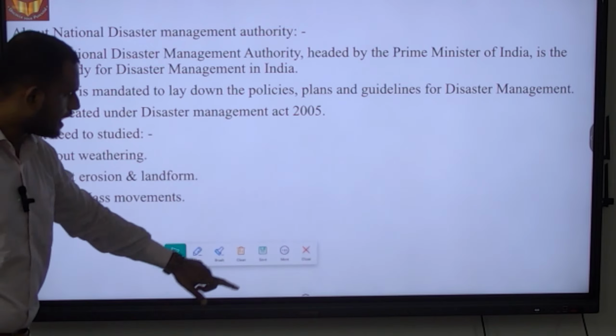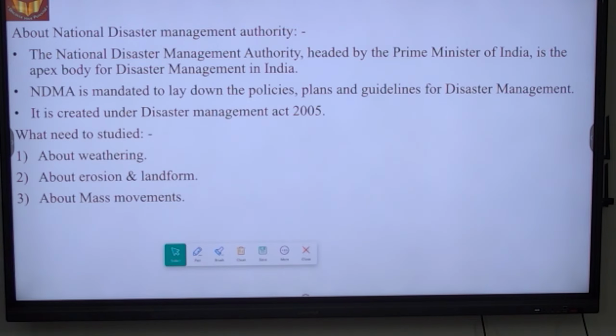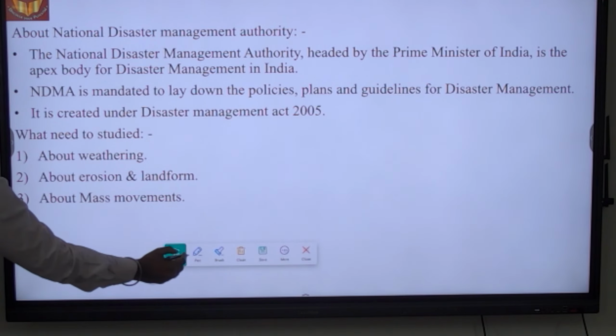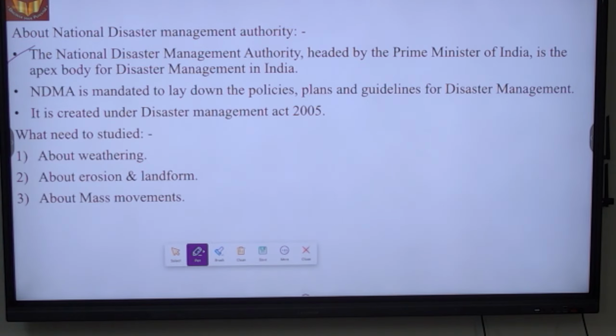Since landslides are considered a disaster in India, we should also know about the National Disaster Management Authority of India. What does it mean? The National Disaster Management Authority is headed by the Prime Minister of India.